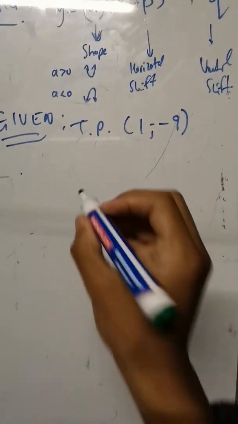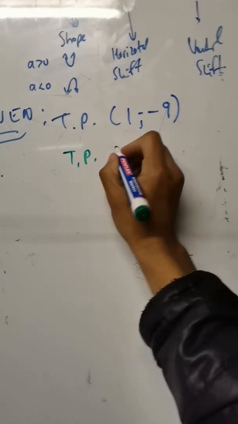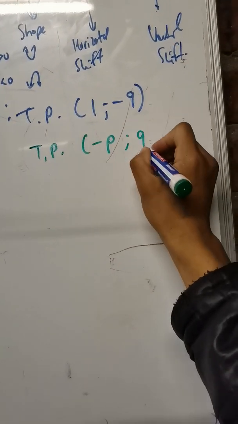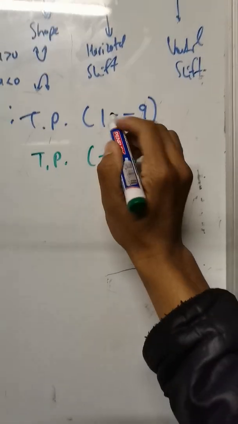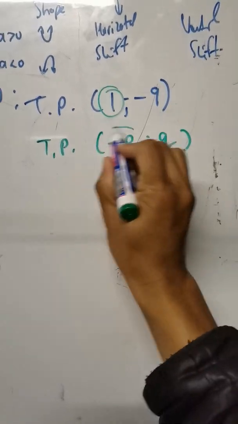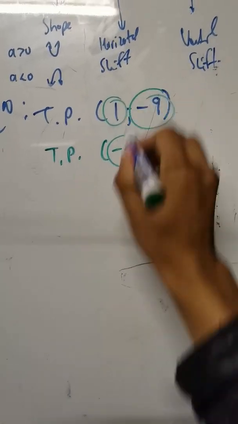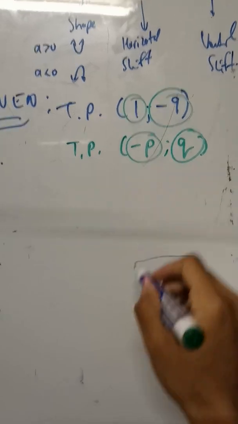We know that when we're busy with parabolas, if we have a turning point, the turning point of a parabola is (-p, q). So 1 is -p and the -9 is the q.